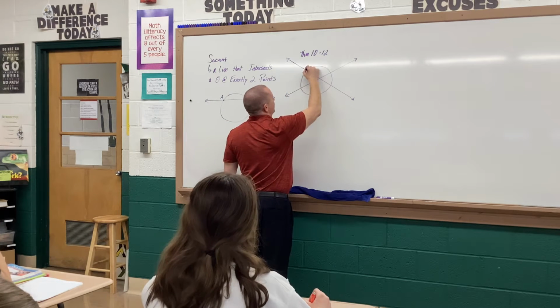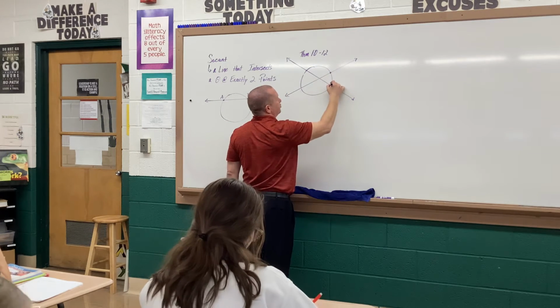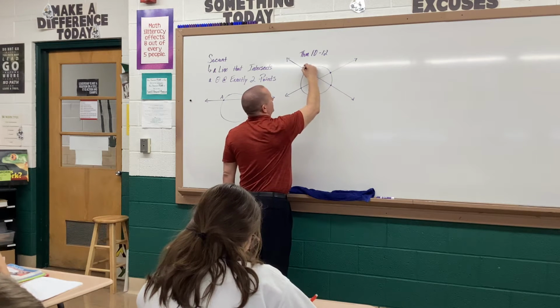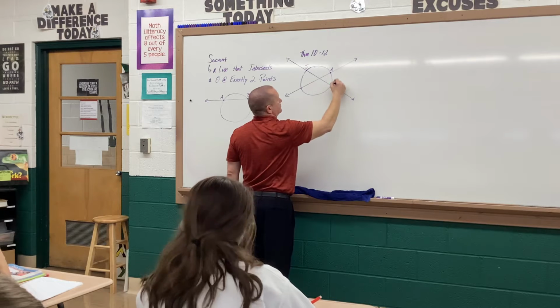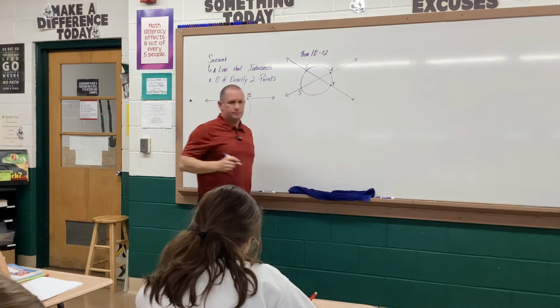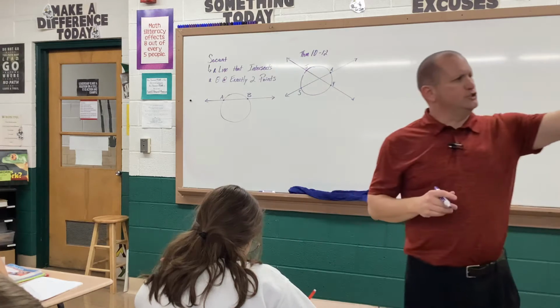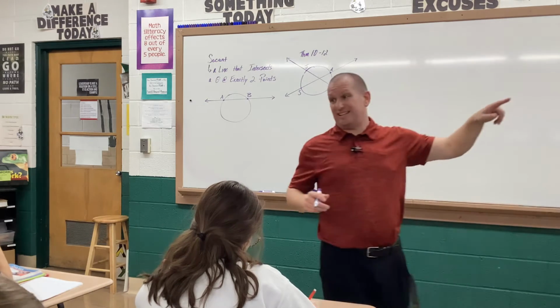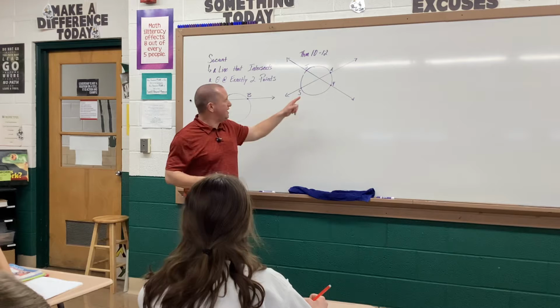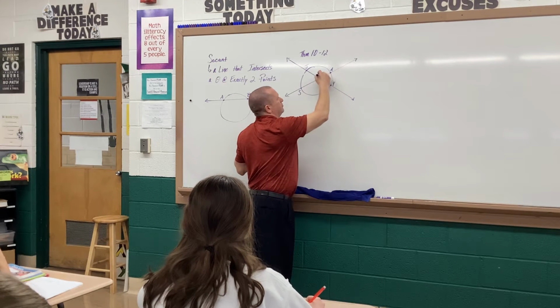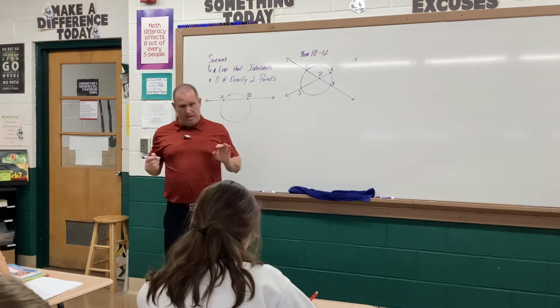So then let's go back and put some endpoints, and let's call them J's. Bless you. So what this is saying, let's read it again: 2 secants intersect in the interior of the circle. We did that, right? Here's my intersection right here. What should we call that? P. Okay?